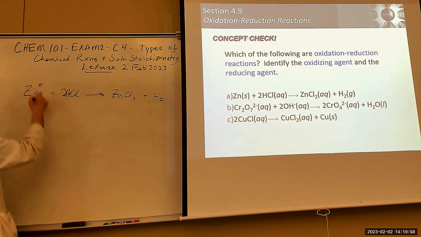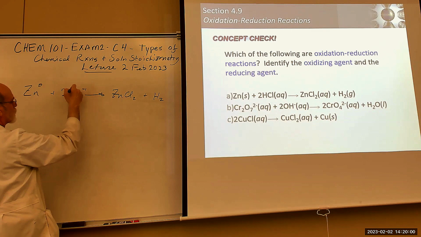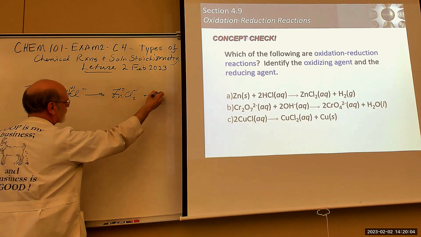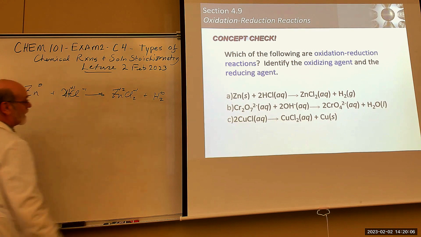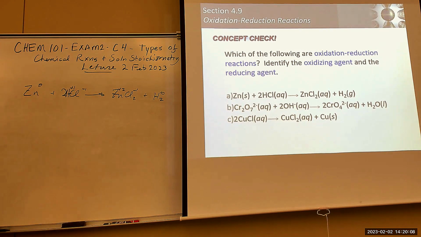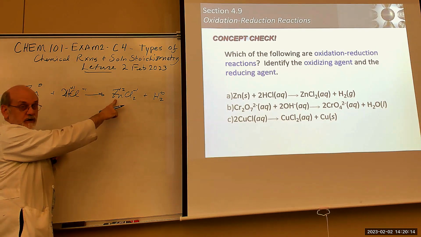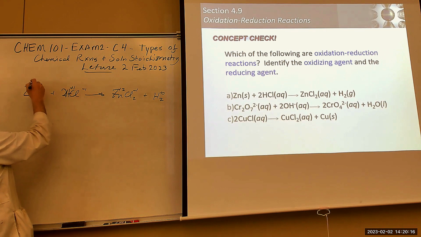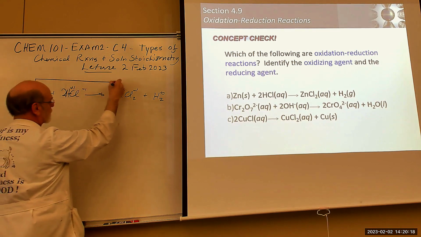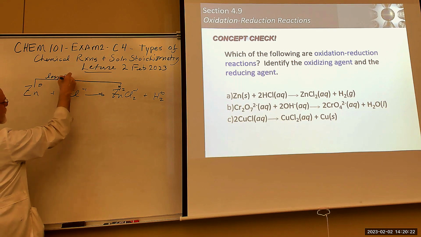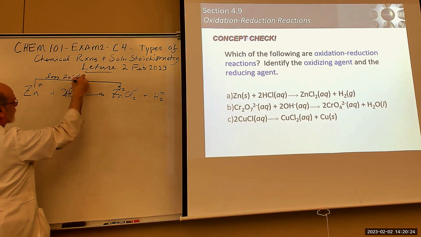If this one's 0, that one's -1, this is +1, this is -1, this is +2, that's 0. Right? Where do the electrons move? Well, this zinc has what? Lost 2 electrons. Right? I like to draw tie lines. So this is a loss of 2 electrons per zinc.